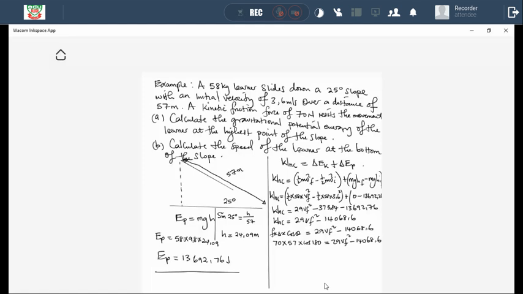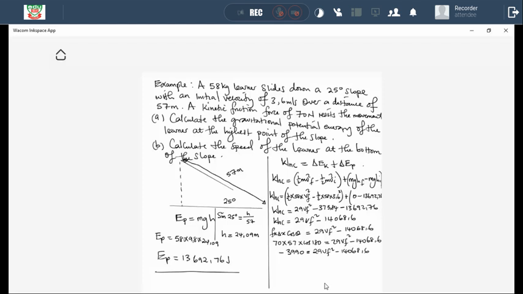Cos 180 is minus 1, friends. So this is going to be 70 times 57 only, which is minus 3990, which is equal to 29 VF squared minus 14068,6. Collect like terms. I take that one to the other side.